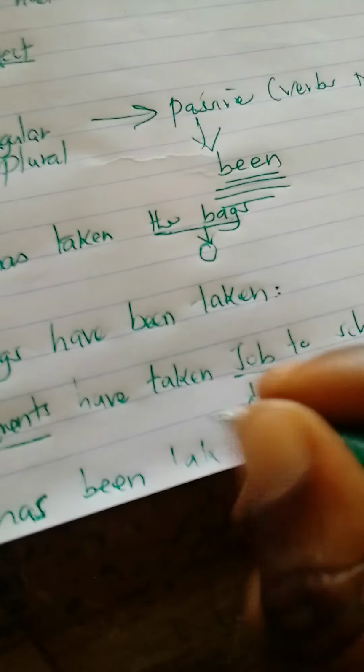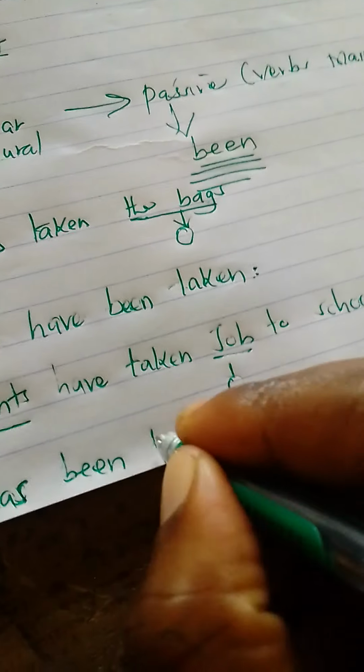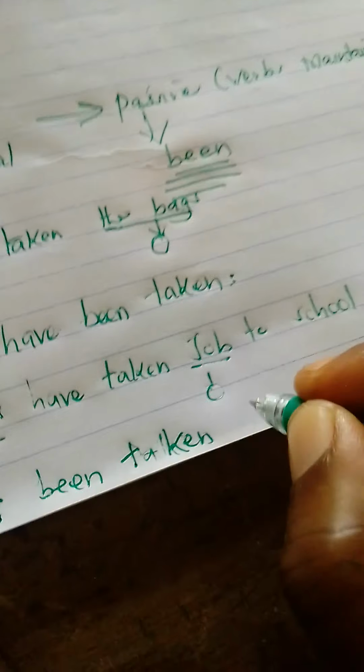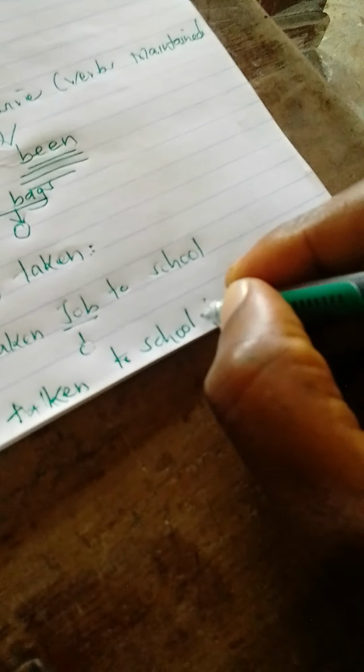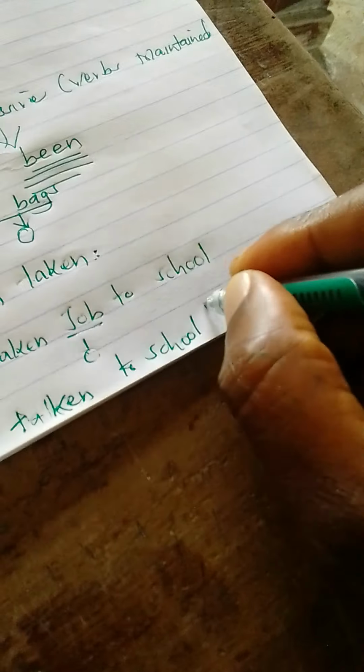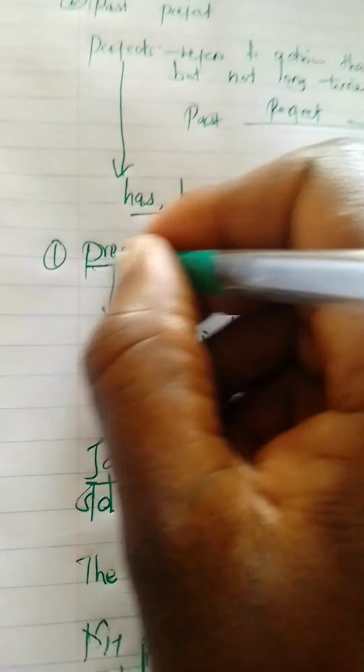Taken. Has been taken to school, full stop, or by my parents or by them. Not a crime. I believe I'm clear there. Those ones that are using the present perfect tenses, this is how you change them. Remember the word been.